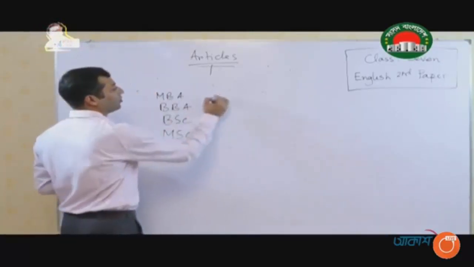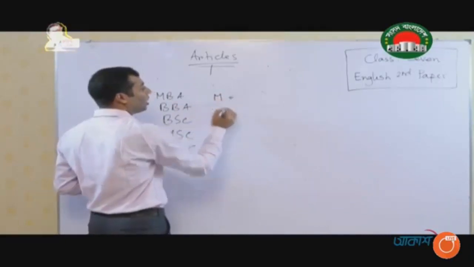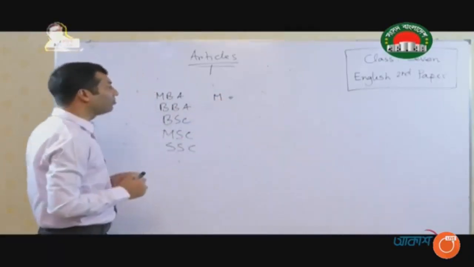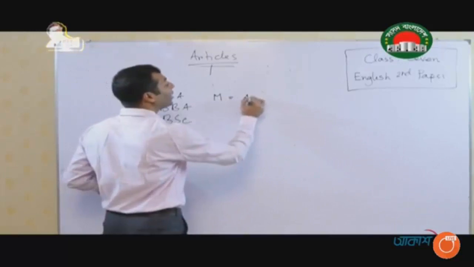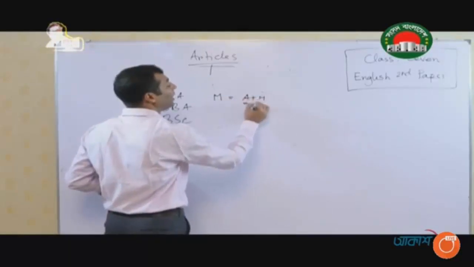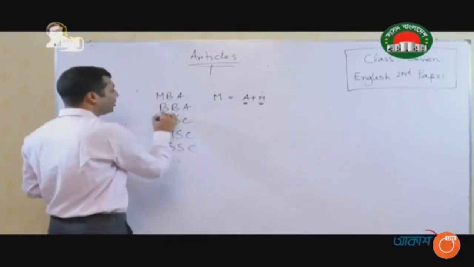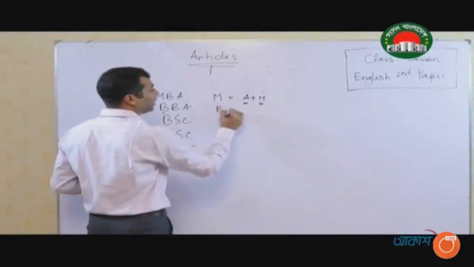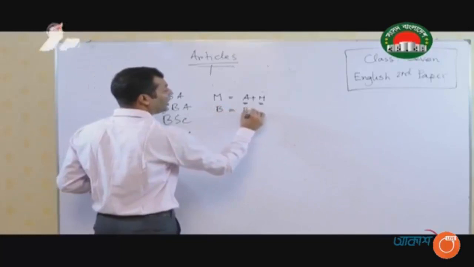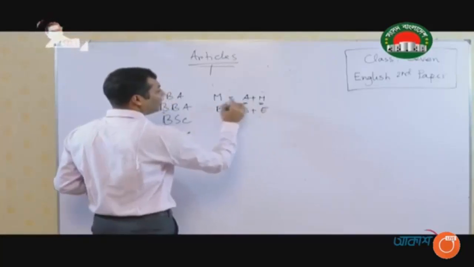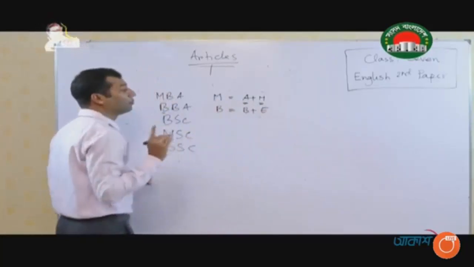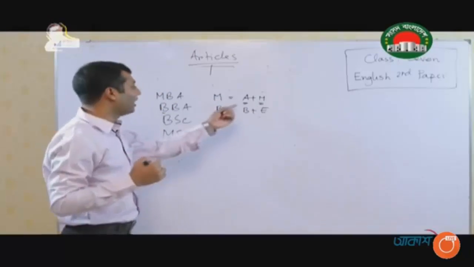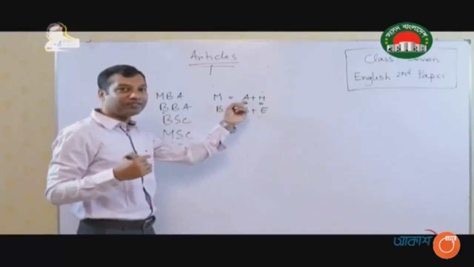M. When you are pronouncing the letter M, you are saying em. But when you are pronouncing the letter B, bee. So look at here. While pronouncing M, the vowel sound e comes first.